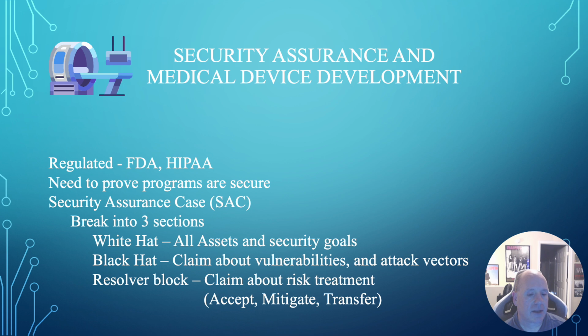And then the resolver block is what they're going to do, what their thoughts are about the fixes, and they can either accept, mitigate, or transfer. Hopefully they're working on mitigating it so we don't end up with the issues when we're at the hospital.